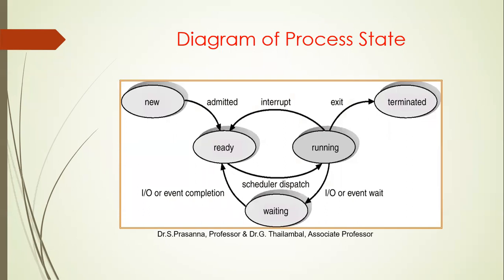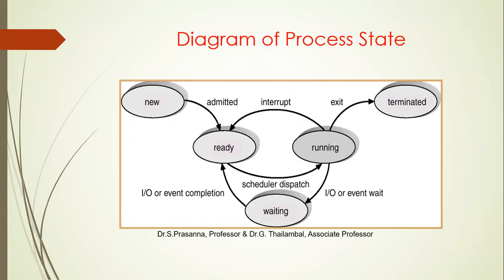This is the diagrammatic representation of process state. A new process comes and it will be placed in the new state. When the process is ready for execution, it is admitted to the ready state. Then it is placed in the running state; that is called scheduler dispatch.